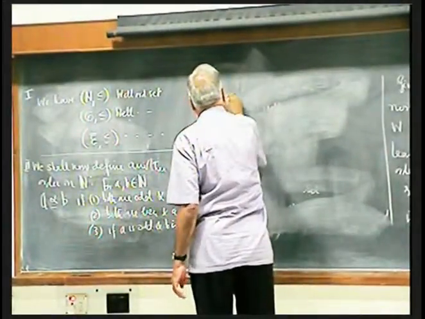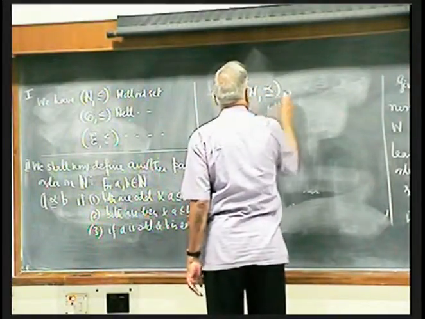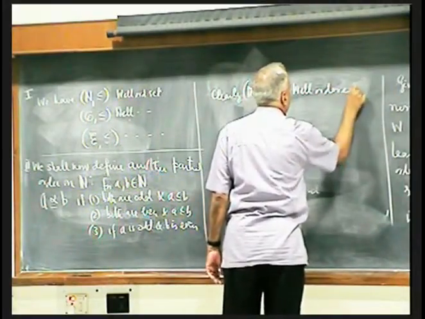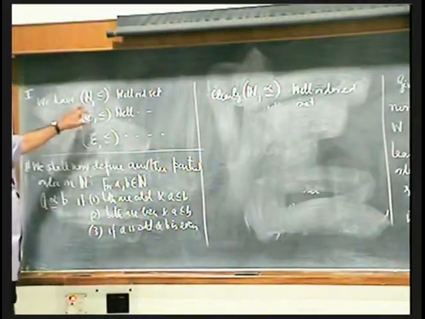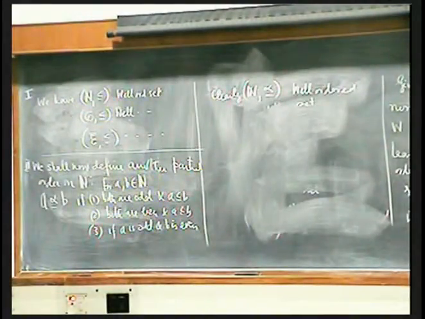Clearly this is a well-ordered set. See, on the same natural numbers, this is a well-ordering, that is also a well-ordering. What we have got is also a well-ordering.